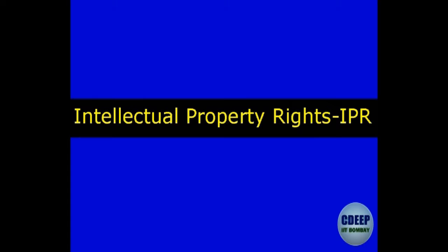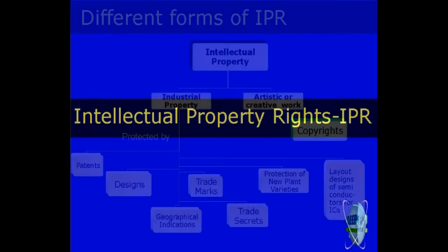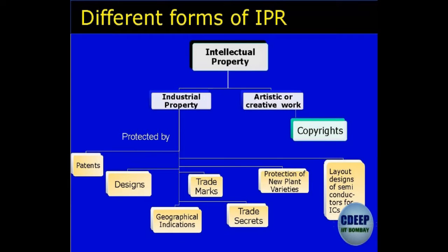Now let us talk about the types of intellectual property rights. We can broadly classify intellectual property rights in two ways. One is for protecting artistic or creative work, which comes under copyright, and the other is for work with some industrial applicability.